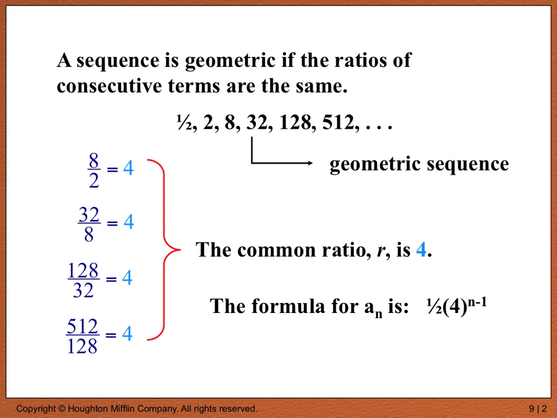You can see that 1/2 is the first term. We can also see that 4 is the common ratio, and then we have n minus 1. Again, we're going to learn how to do this, but already you should be seeing a pattern that you're going to see repeated in the next couple of screens.